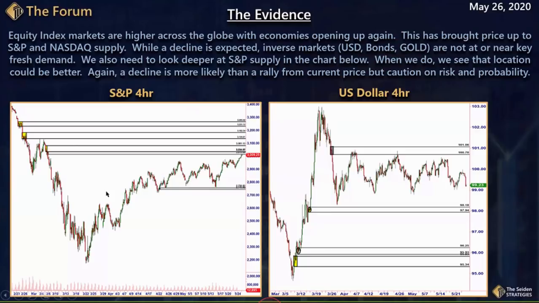But we want to quantify risk, reward, and probability as objectively as possible. So when we take a look at these two supply zones, we see that they are inside of all of this trading activity, which suggests that this is not an area where there's a huge supply-demand imbalance.